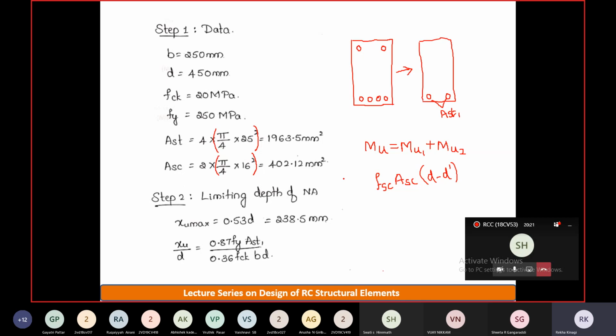So in the equation, instead of AST, I'll write AST1 because it corresponds to the singly reinforced section, that is, the first section in the doubly reinforced section.